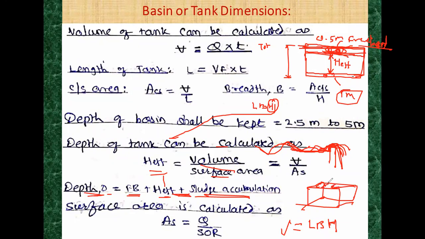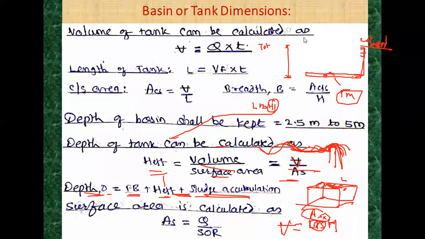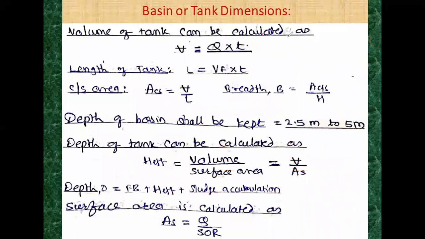This portion is the surface area, which is L into B. So if I write surface area into H instead of L into B, then H will be equal to volume upon surface area. The same formula is written here: H effective is equal to volume upon surface area. These are the formulas we need to find the dimensions of the sedimentation tank. So write the title and write down these formulas in your notebook. Do it fast.